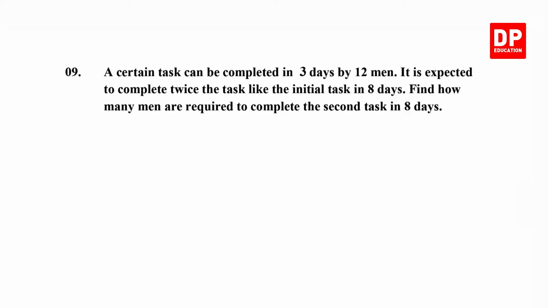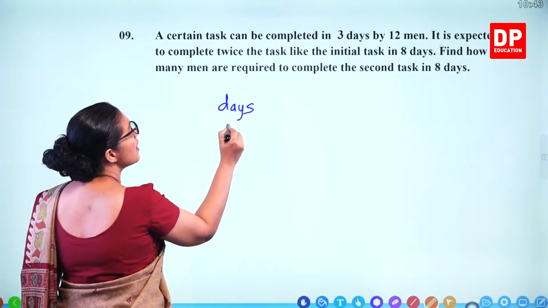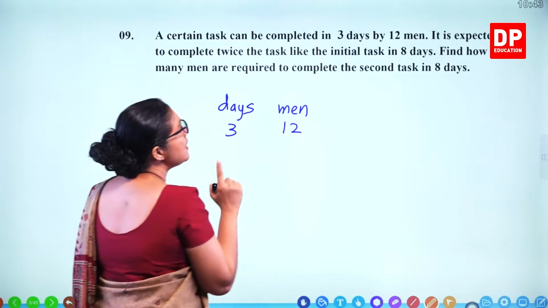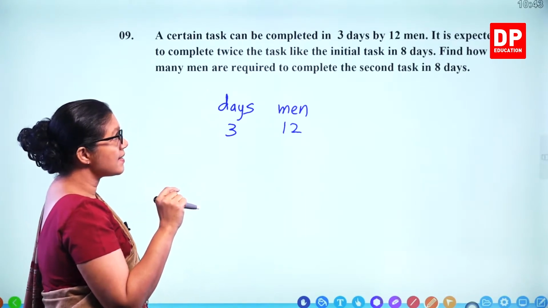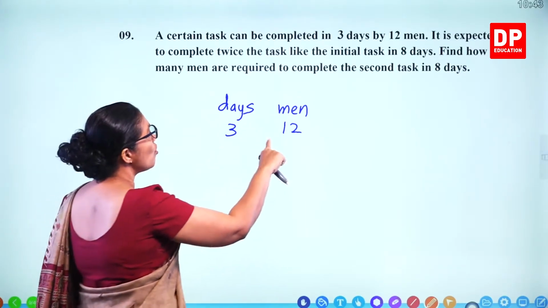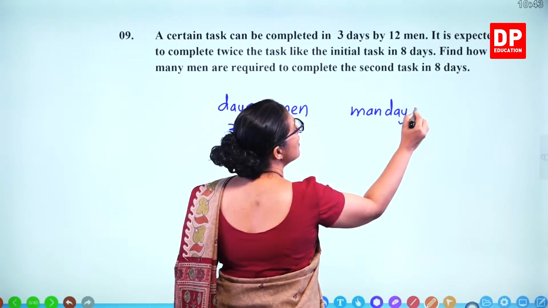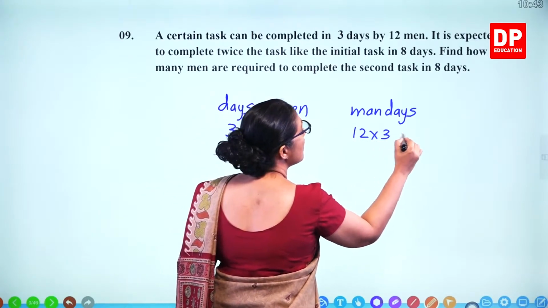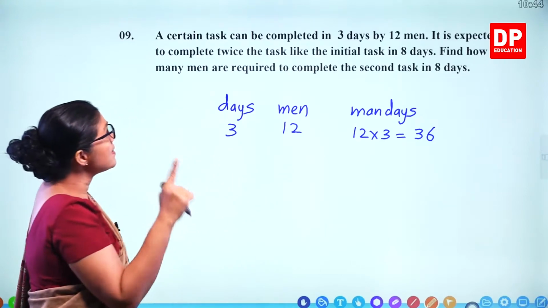Question number 9. A certain task can be completed in 3 days by 12 men. It is expected to complete twice the task, like the initial task, in 8 days. So how many man days for this? 12 times 3, 36. Now it is twice the task.